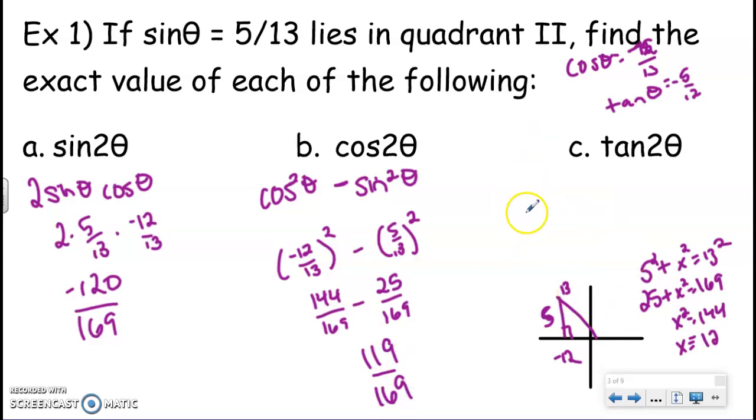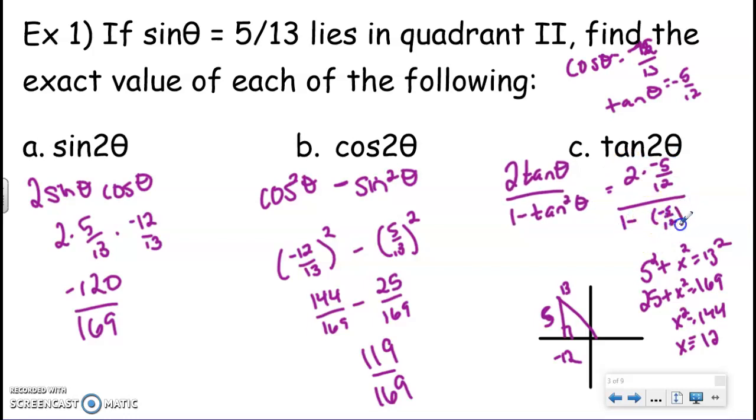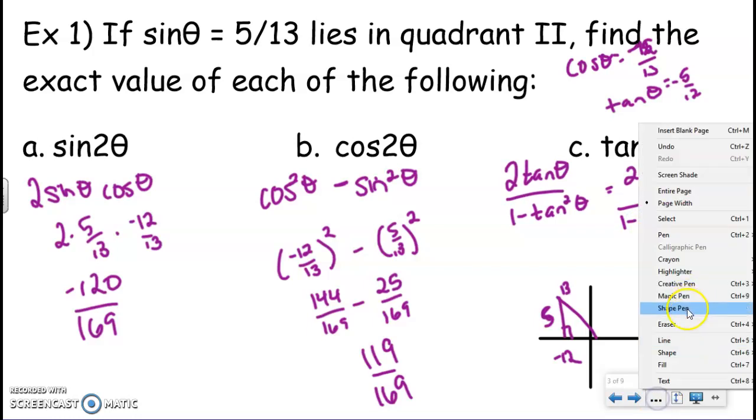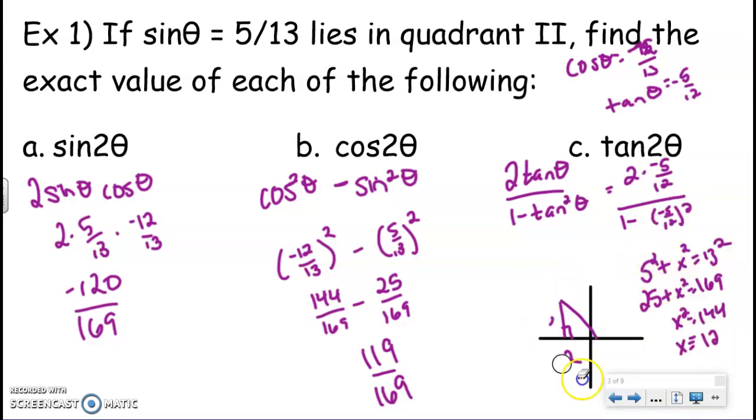Okay, and then for the last one, tangent of 2 theta is 2 times tangent of theta divided by 1 minus tangent squared of theta. So when we plug this in, 2 times tangent over 1 minus tangent squared. And I need to simplify this. I'm going to erase that so I have a little bit more room down here.